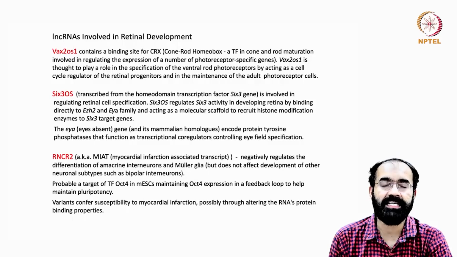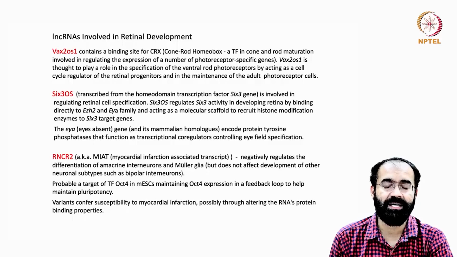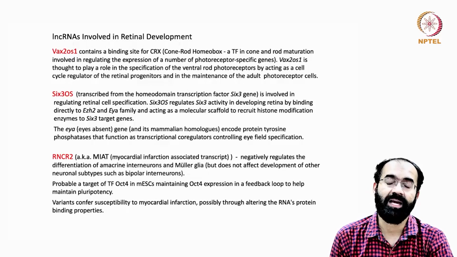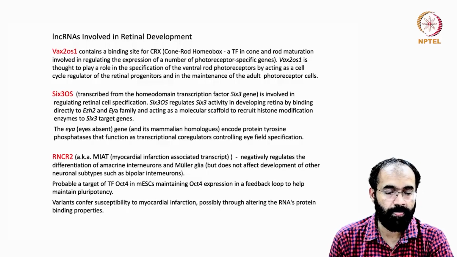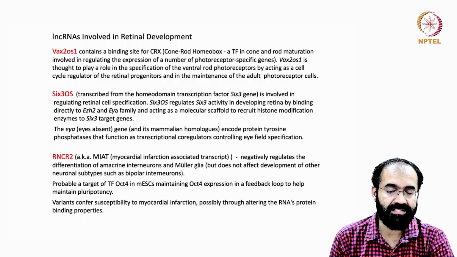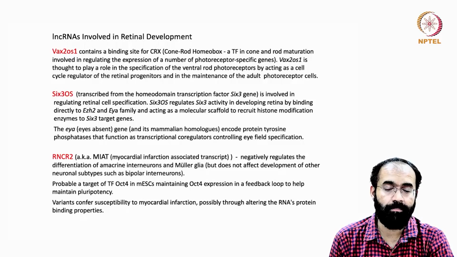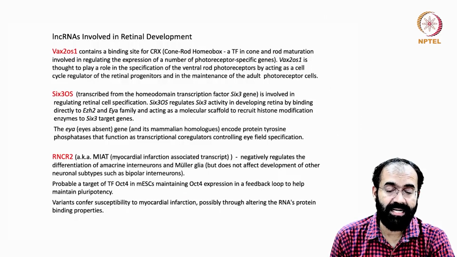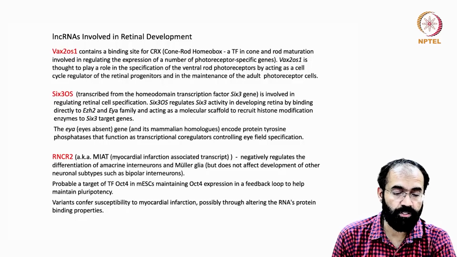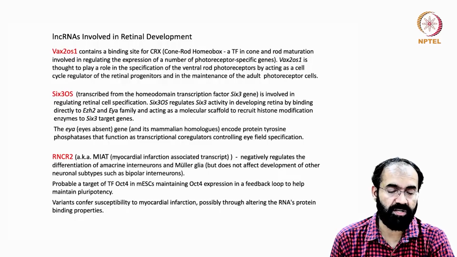So it's a facilitator of the bipolar cells, but it's a non-facilitator or a blocker of the amacrine and the Muller glia cell types. It can be a probable target of the transcription factor OCT4 in mESC cells, mouse embryonic stem cells, maintaining OCT4 expression in a feedback loop to help maintain the pluripotency.